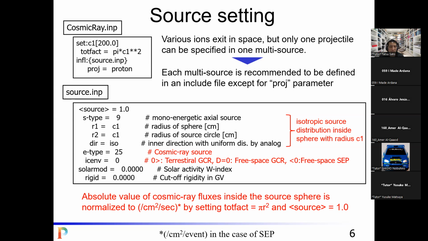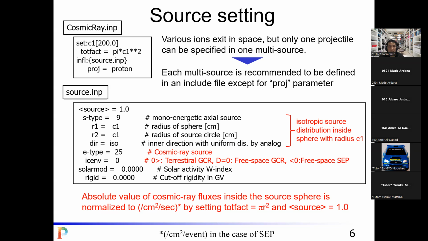And the very important thing about the cosmic ray source, in comparison to other sources, is that the absolute value of the cosmic ray flux is also determined, the same as the RI source. So if you set the dose factor parameter to the surface of the source, then you can directly estimate the tally quantity per second instead of per source.